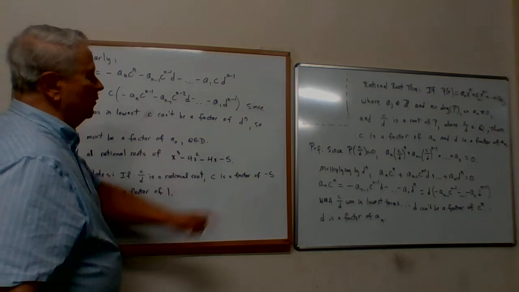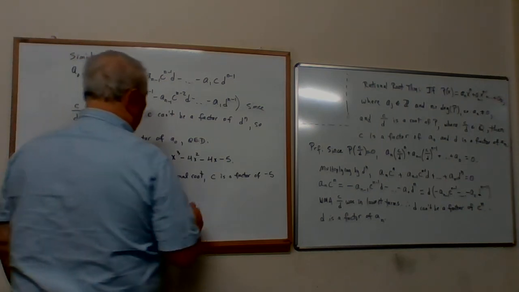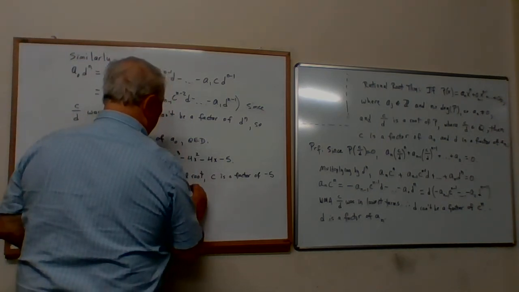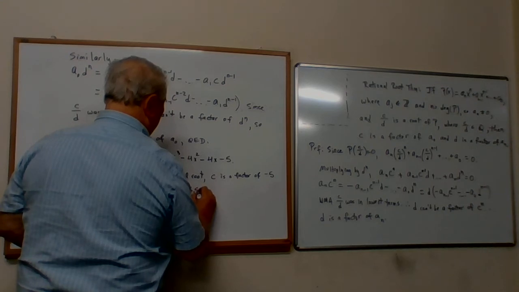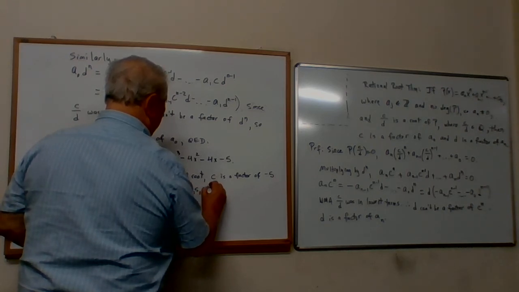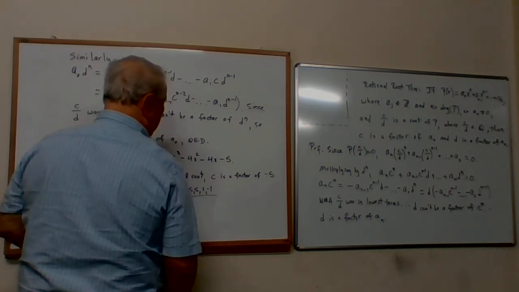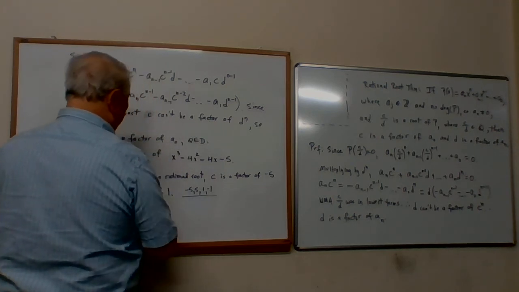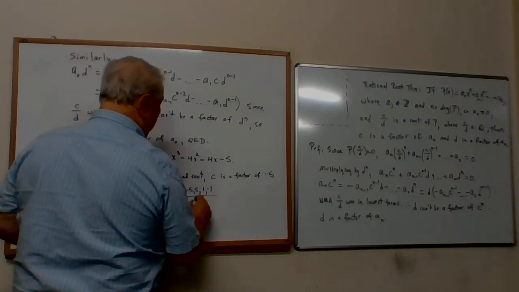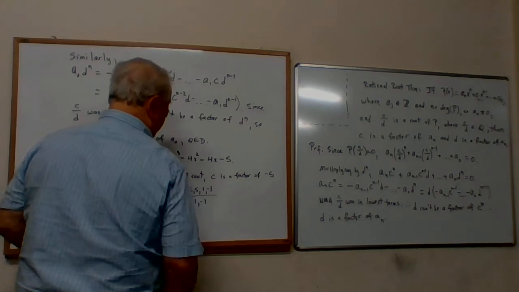Well, what are the factors of -5? They're -5, +5, 1, and -1. And the denominator has to be a factor of 1, so that's either 1 or -1.